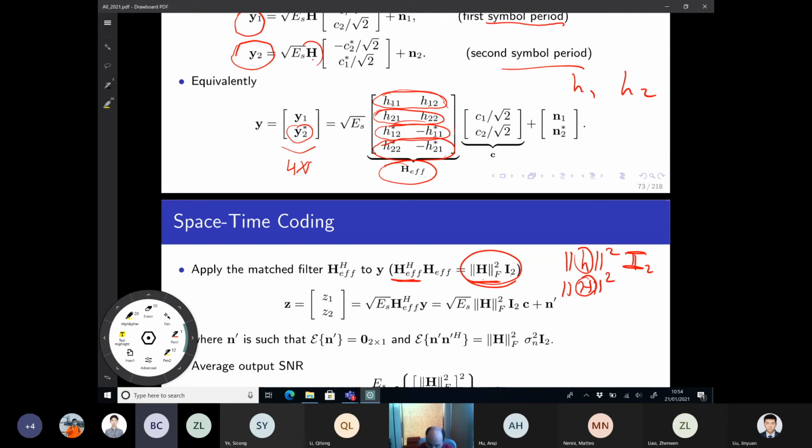This is very nice because, as the output of this linear processing, my observation Z will have my C1 and C2, and they will not see any interference from each other. So I can take the first observation and perform a SISO maximum likelihood detection to obtain C1. I can take the second observation and obtain a maximum likelihood detection of C2.